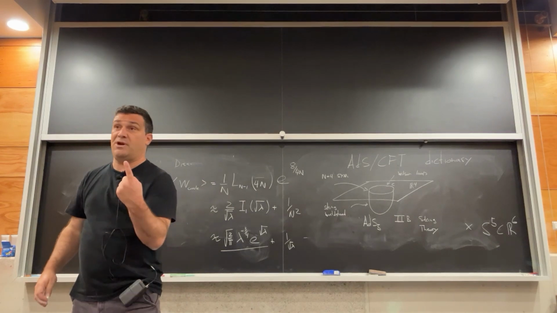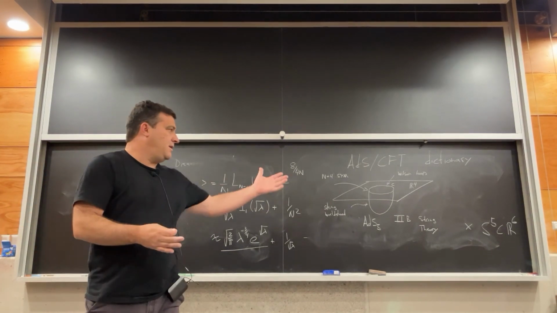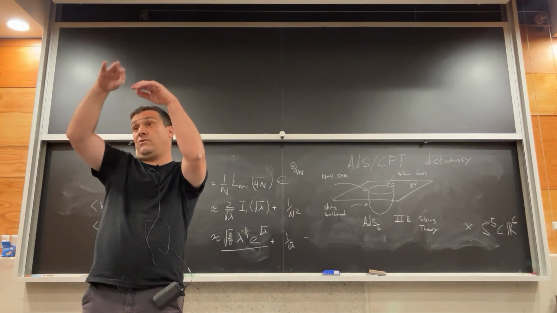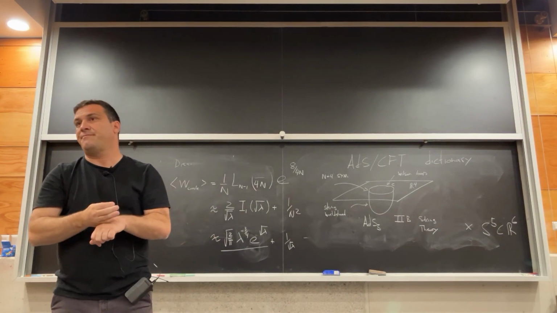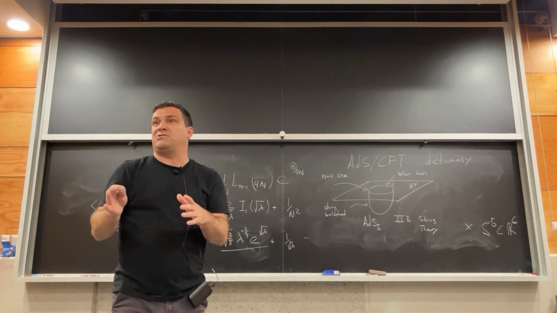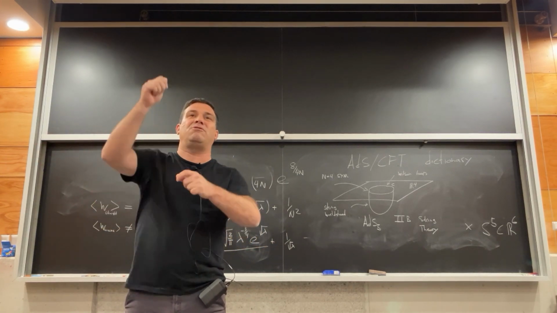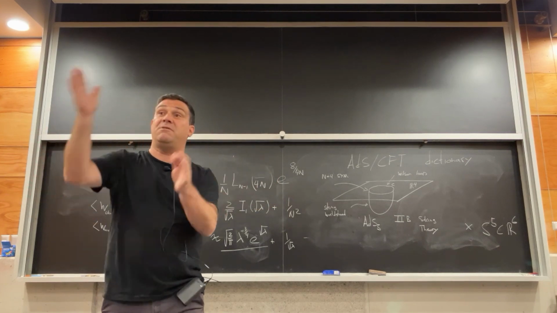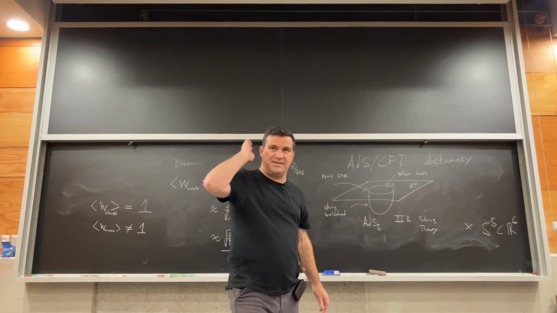So I chose the vector 0,0,0,0,0,1. In embedding space that corresponds to the north pole of the sphere, the 6th axis. But again, it's a choice, because I could have put 0,1,0,0,0,0, or actually I could have put 1 over square root 2, 1 over square root 2, whichever point I want. The main point is that it's fixed.